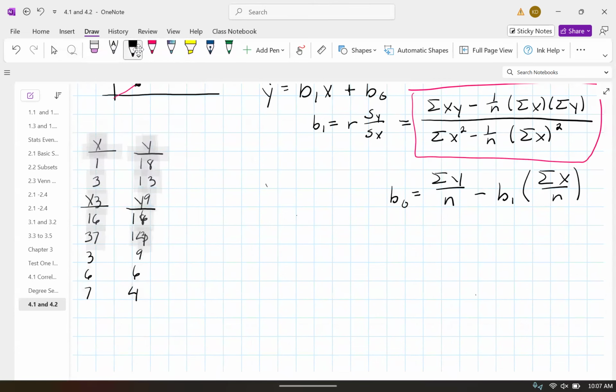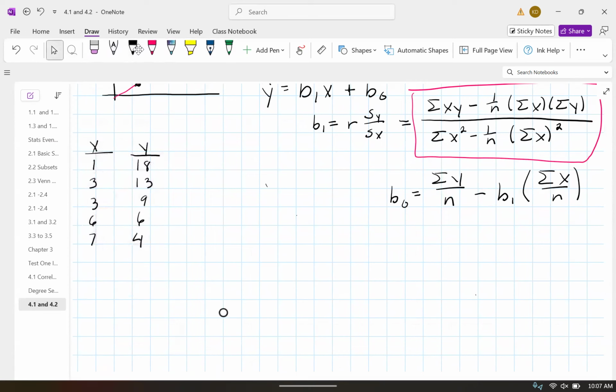Best thing about a tablet is you can move things as you want to write them. Okay. So I'm going to go to my Excel sheet and throw these in there, or my Google sheet, whatever, it's the same thing, to get my summations so I don't have to calculate those.